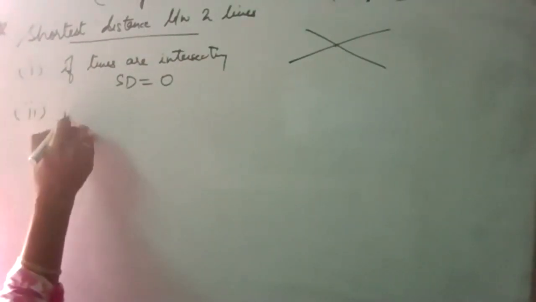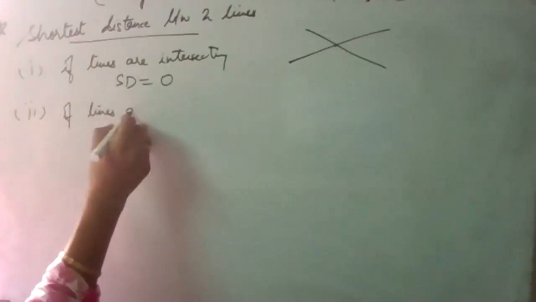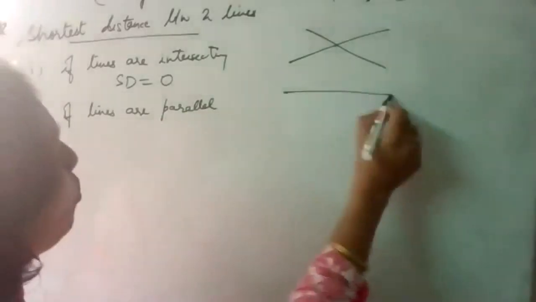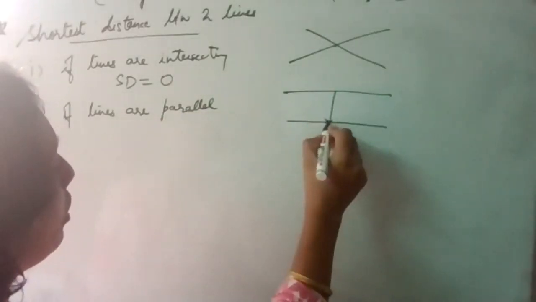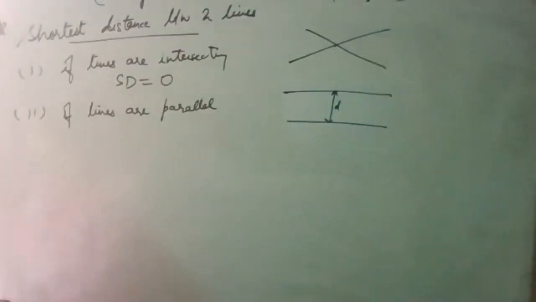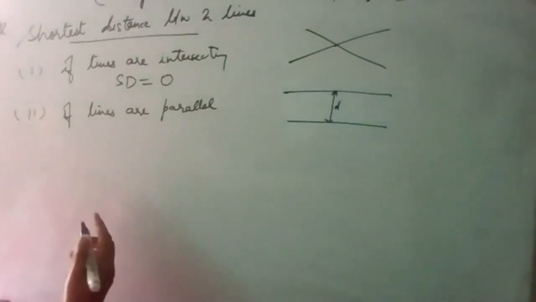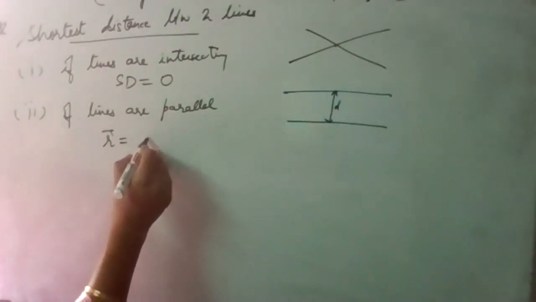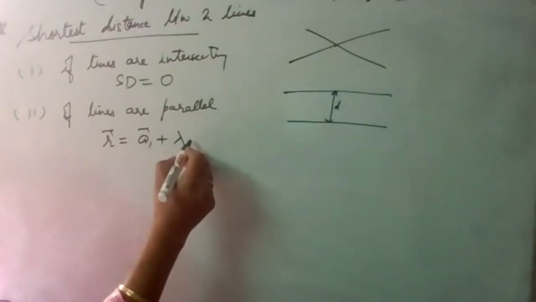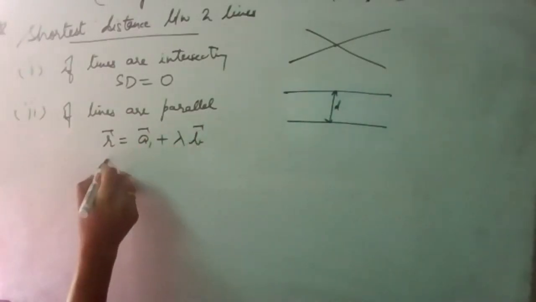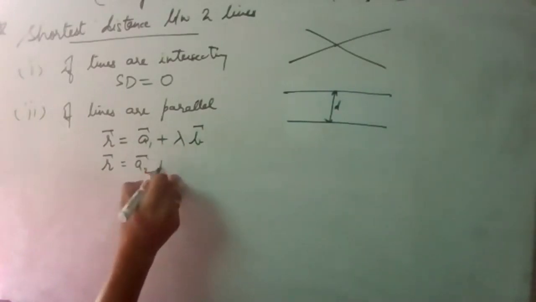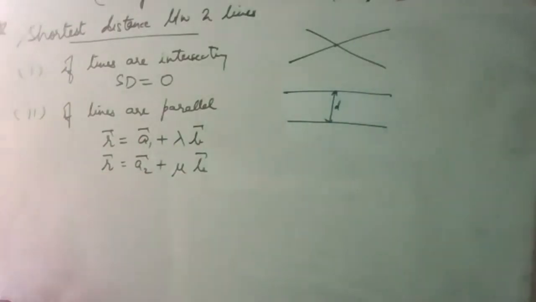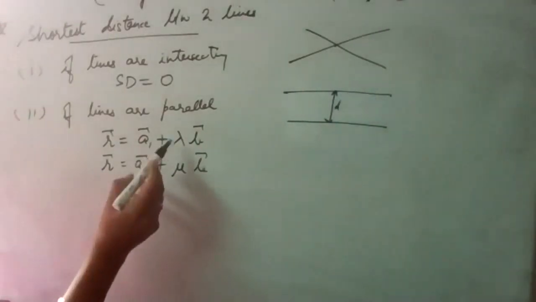Second one, if lines are parallel. If two given lines are parallel to each other, then this is the shortest distance. Let's take the equations of the two lines as r vector equal to a1 plus lambda b vector, r vector equal to a2 plus mu b vector.